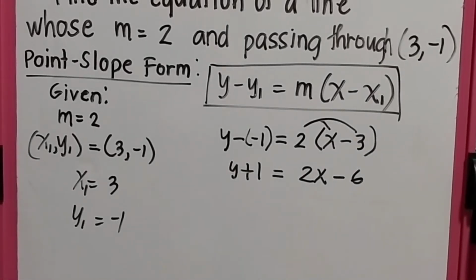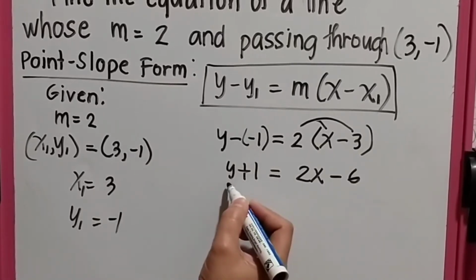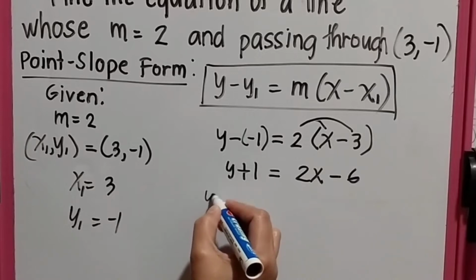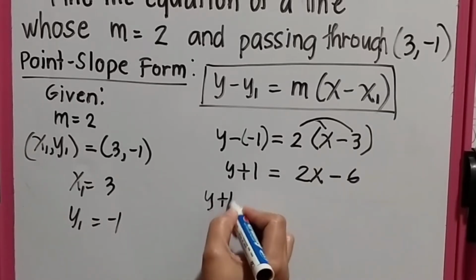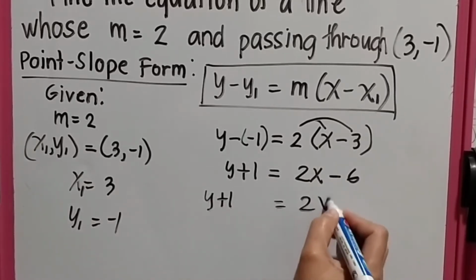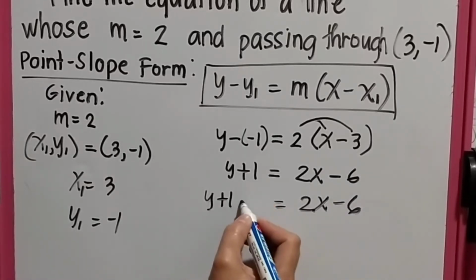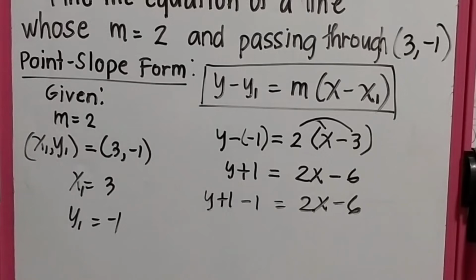Okay, so next, if you want to write the equation in the slope-intercept form, all we have to do is to retain this y on the left side. But we have 1 here. So, applying the addition property of equality, para mawala yung 1, kailangan mag-add tayo ng negative 1.